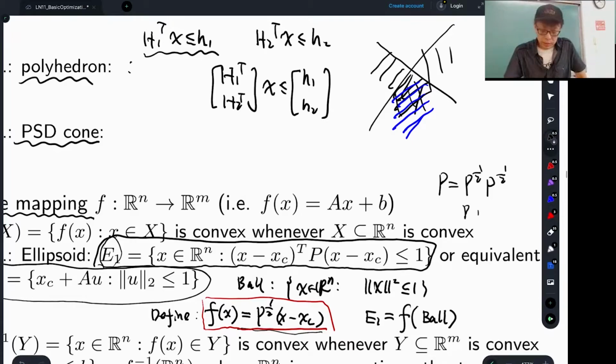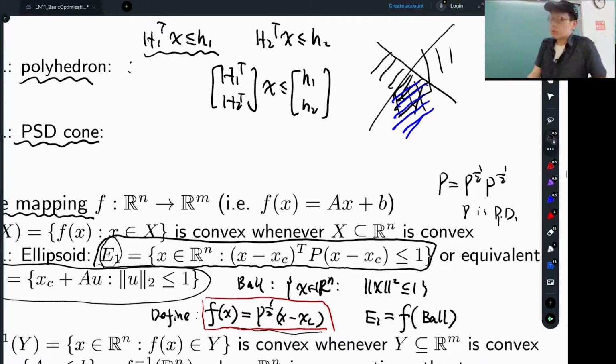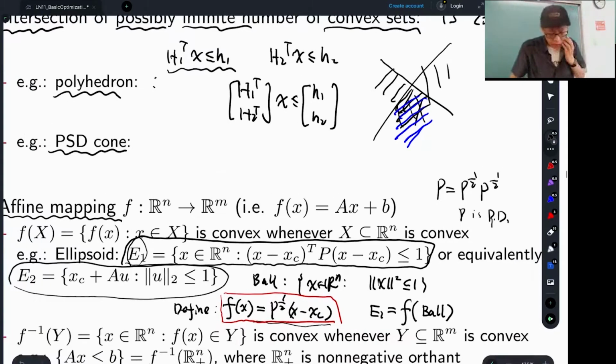P is positive definite. This P is not the P inverse we used before to describe the solid, it's just for simplicity that I use a P here.